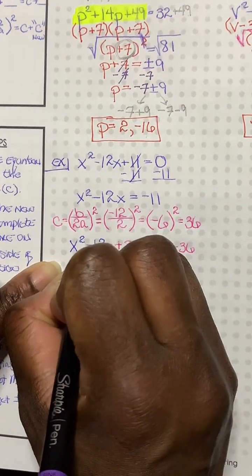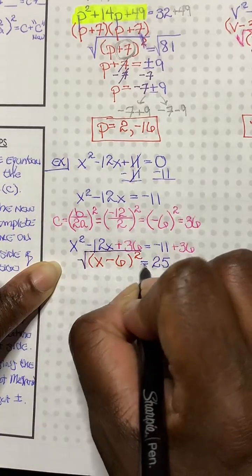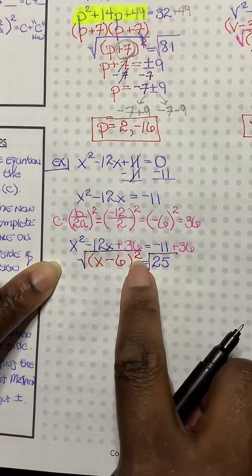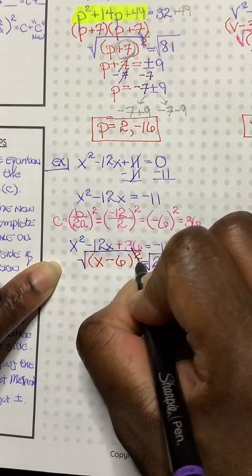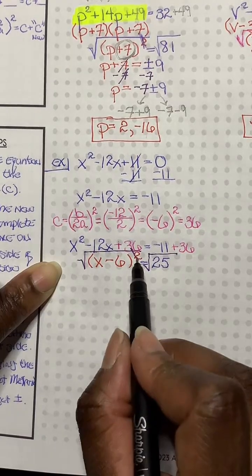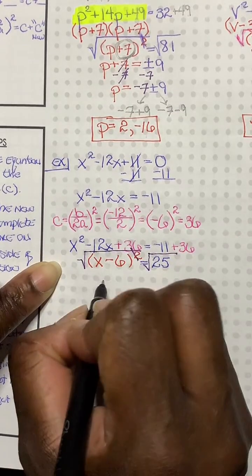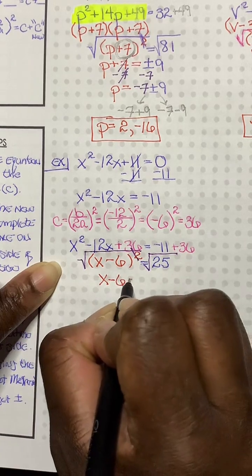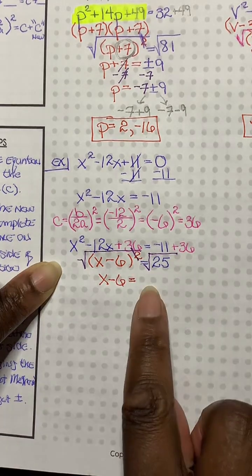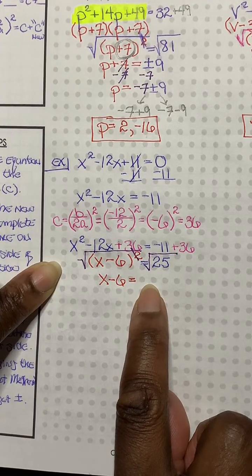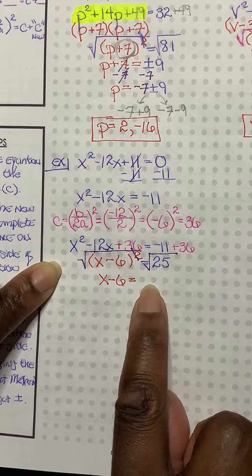Yes, good. Excellent. So we're going to take the square root, because the opposite of a square is not a circle. It is a square root. So the square and the square root cancel out, and it leaves me with x minus 6 equals, what would it equal?